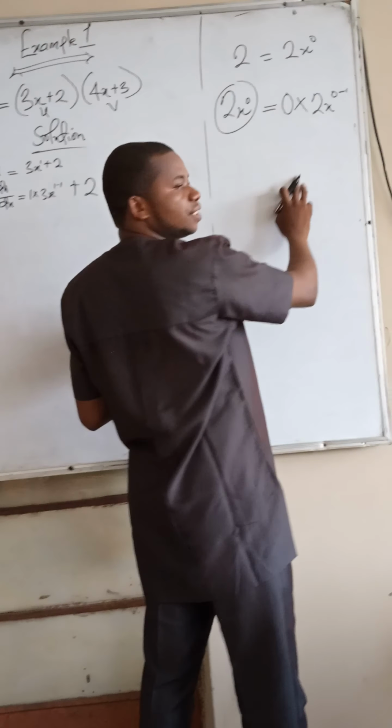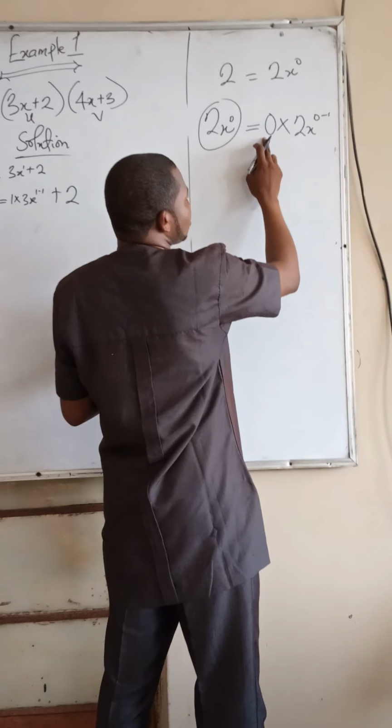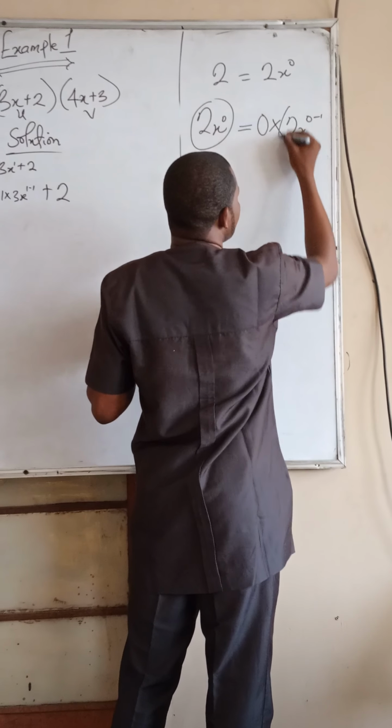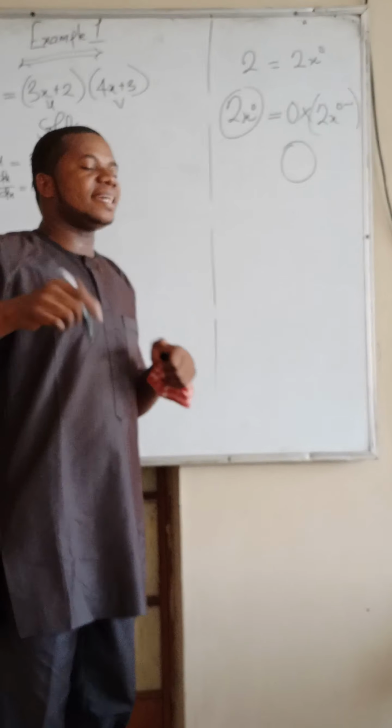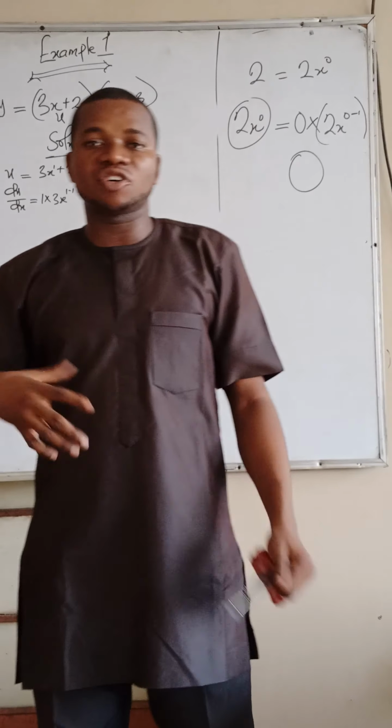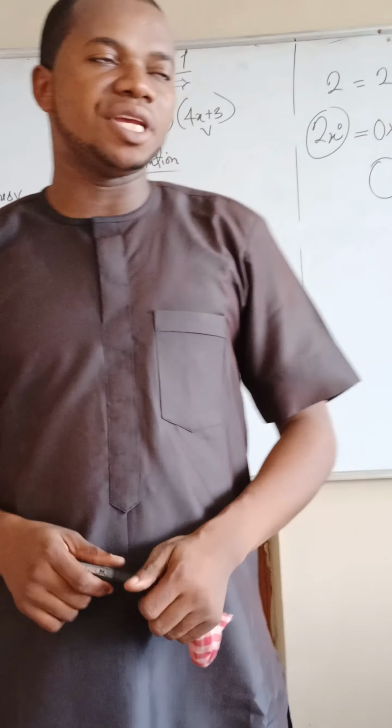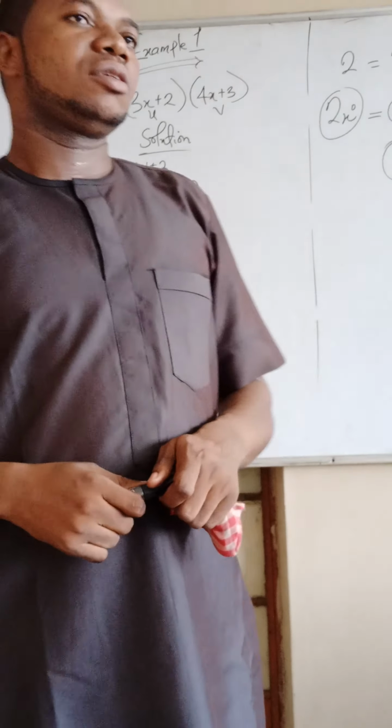So 0 is multiplying everything here, and when we multiply 0 by anything, the answer is 0. Multiply 0 by 1,000,000, a trillion, the answer is 0. So that is why we say when we differentiate constants, the answer is 0. So now this one is as good as saying plus 0.